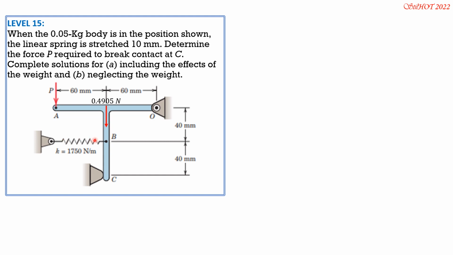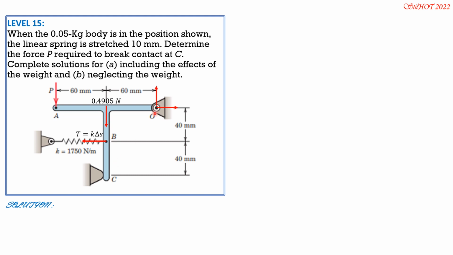Then the tension in the spring is K times delta S, where K is 1,750 Newton per meter. And at this position, even if the P causes to break the contact at C, the spring is still stretched 10 mm in that case, or 0.01 meter.